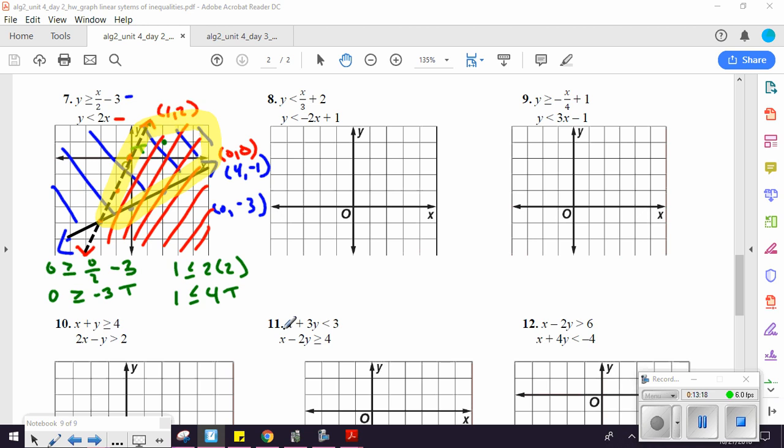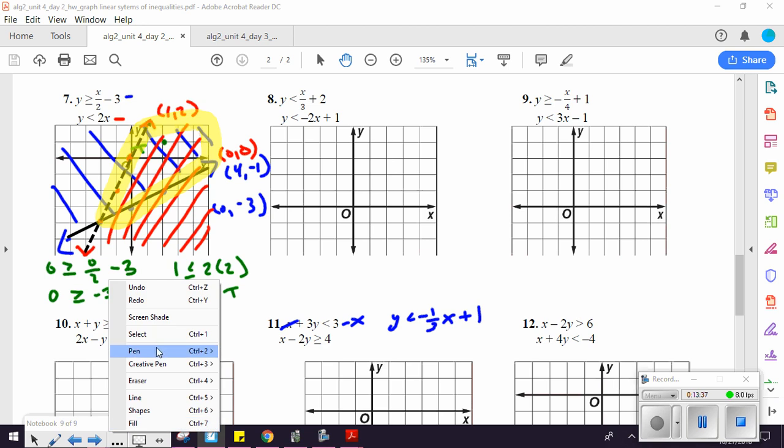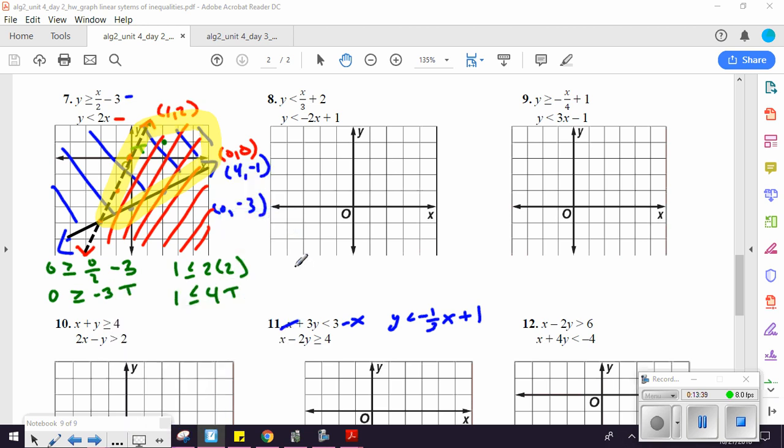So I would cancel out x by subtracting, then divide everything by 3, and you would end up getting y is less than negative 1/3 x plus 1. On the second inequality, you would subtract x again, then divide by negative 2.